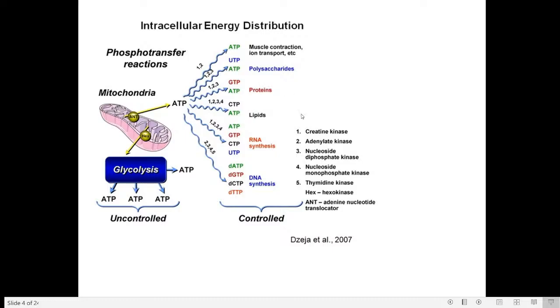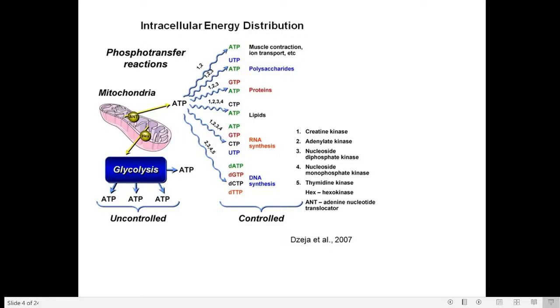For polysaccharide production, they utilize creatine kinase, adenylate kinase, and nucleoside diphosphate kinase. Likewise, there are five different energy transducers. That is the protein which helps to transfer the energy.